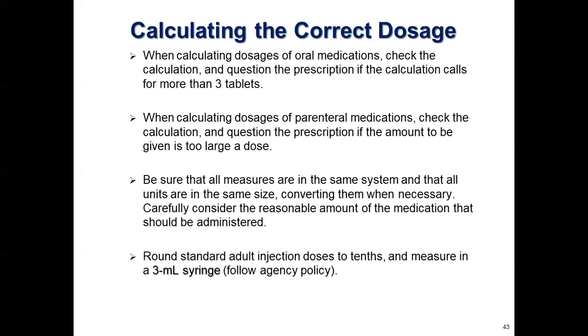Be sure that all measures are in the same system. When you do a mathematical solution for the patient for dose calculation, the first priority is conversion of the unit, from large to small or to the same unit.